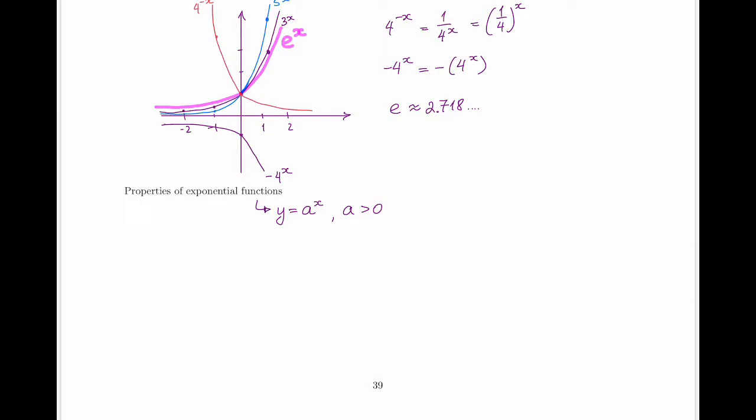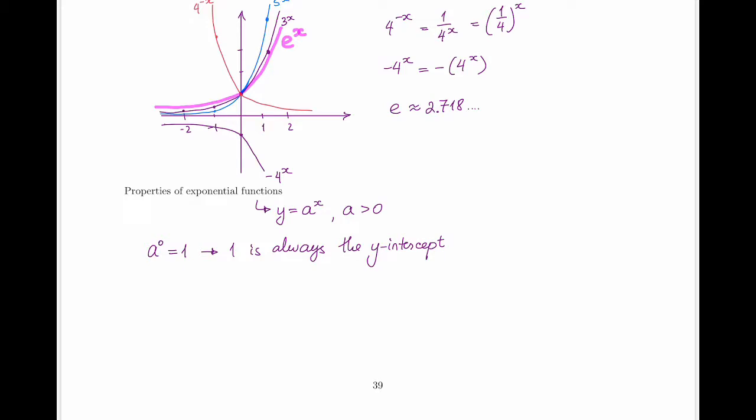One of the things that we've noticed is that the functions that we have drawn all have a y-intercept of 1, and that is of course true because a to the power 0 is equal to 1 for any a, which means for these exponential functions 1 is always the y-intercept, because it's a function, so there can be at most one.